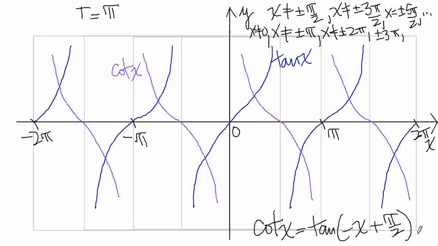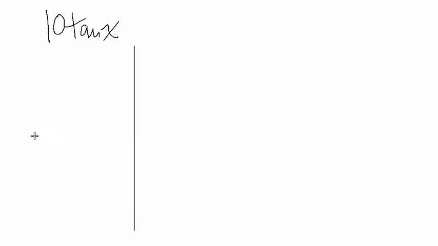Okay, so now let's discuss some other transformations of these functions. So what does the graph of 10 tangent of x look like? The period will still be the same, and we didn't have an amplitude before, we're not going to have one now.